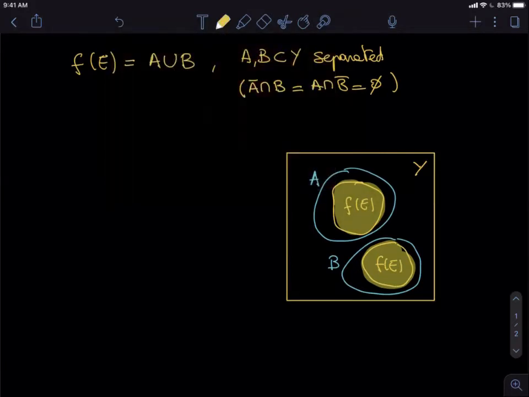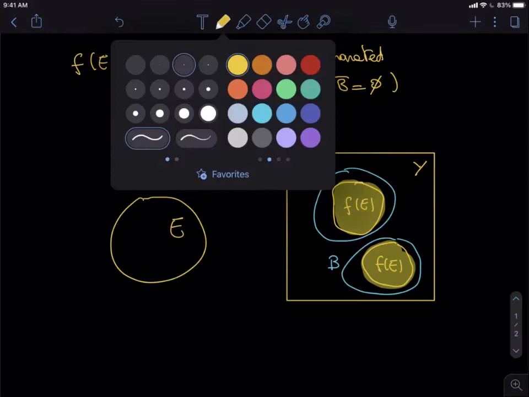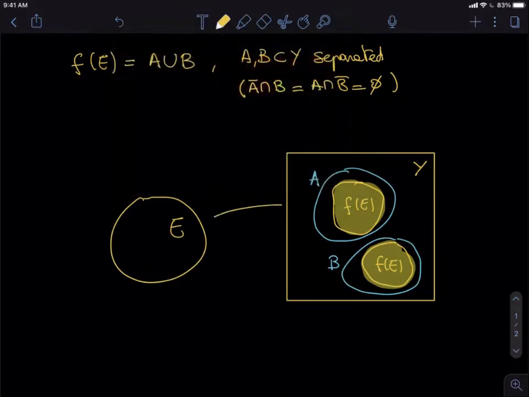And then we can look at the set E. Here this would be our set E, and we can pull back, this is our function f, taking E into two pieces.